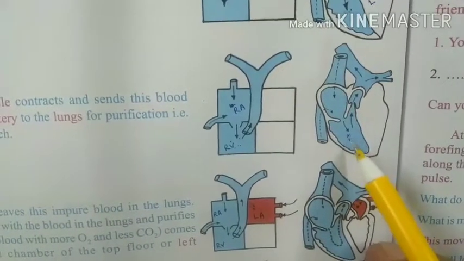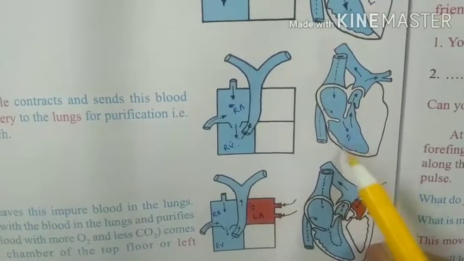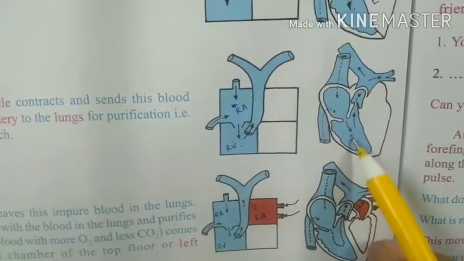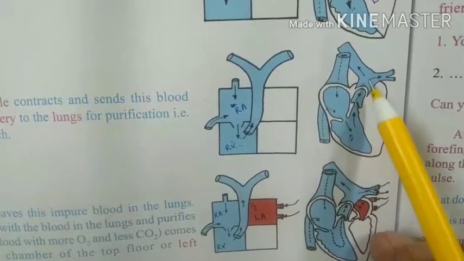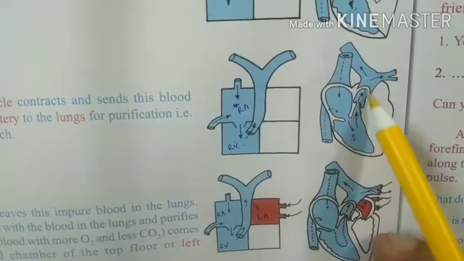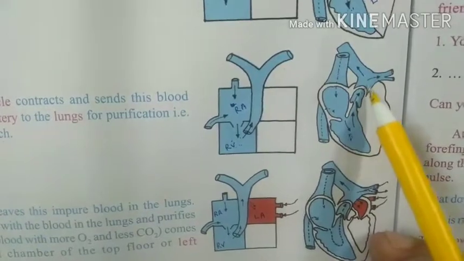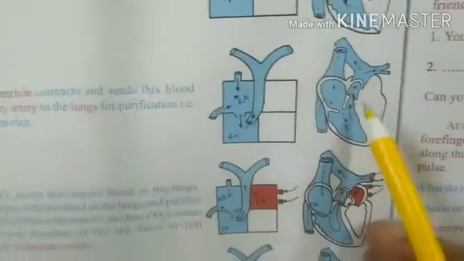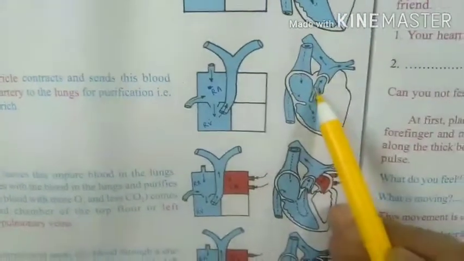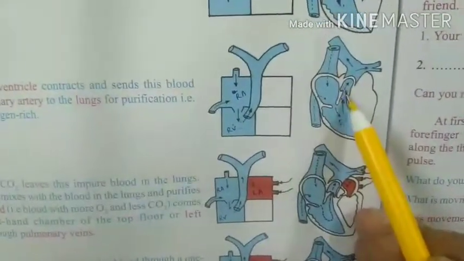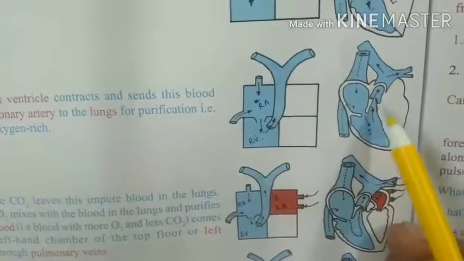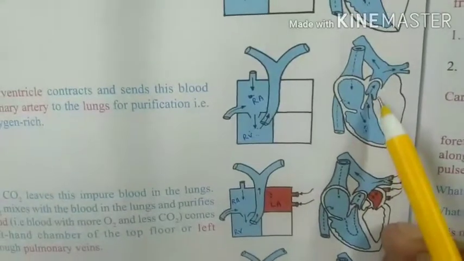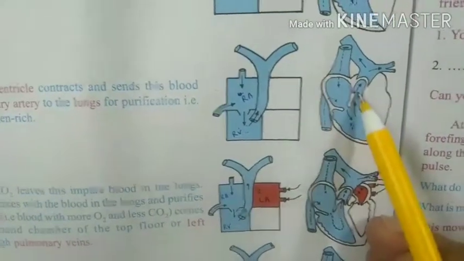As a result, impure blood from this right ventricle goes into the pulmonary artery. In between the right ventricle and pulmonary artery, there is a semilunar valve. That valve is called the pulmonary valve.